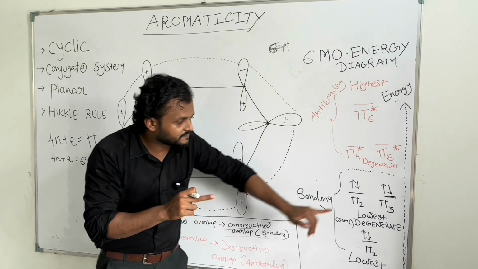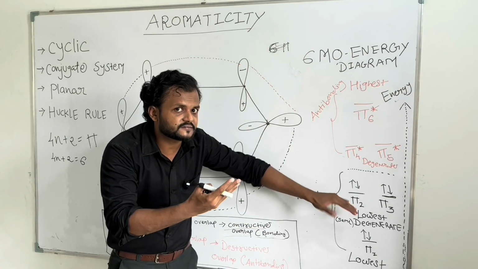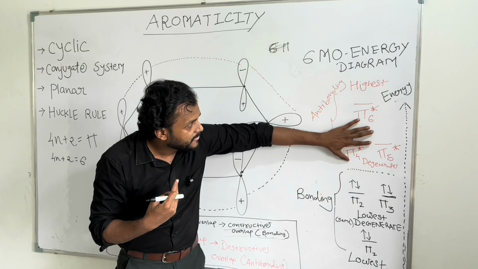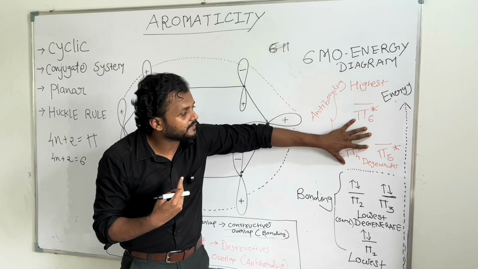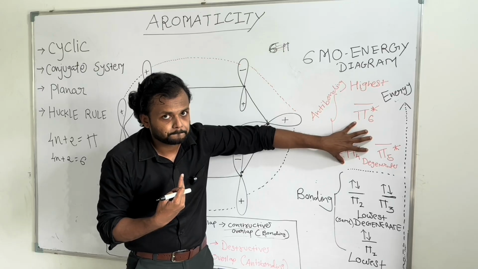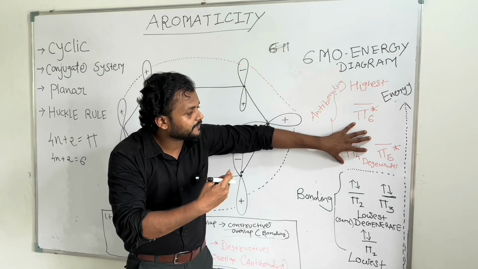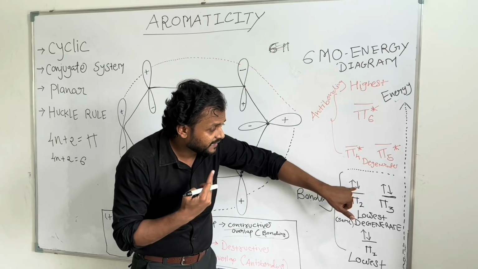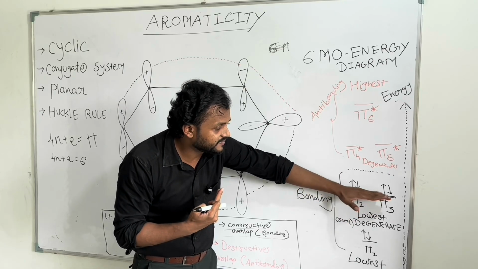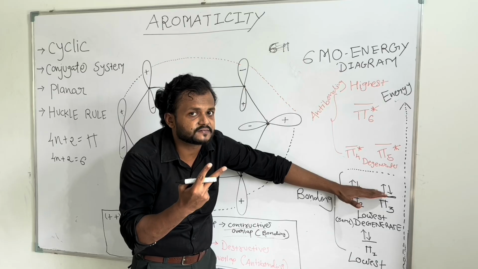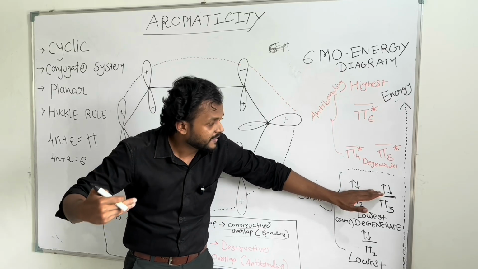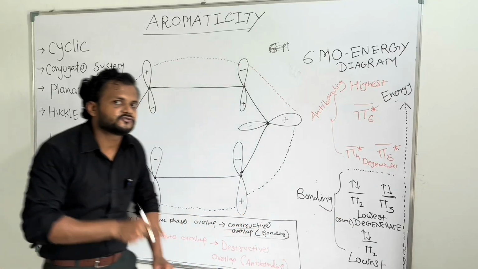And because of this, the degenerate orbitals can fill these 4 electrons, the upcoming antibonding orbital remains empty, and that's why it's aromatic. Understand? So these four electrons are filled into these degenerate two orbitals. It leads to making the compound aromatic, and because of that, that 4 number is crucial.